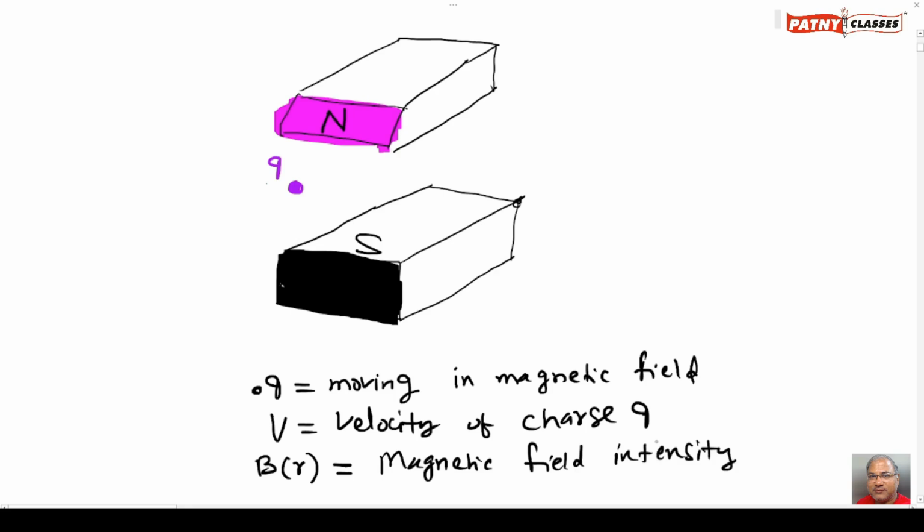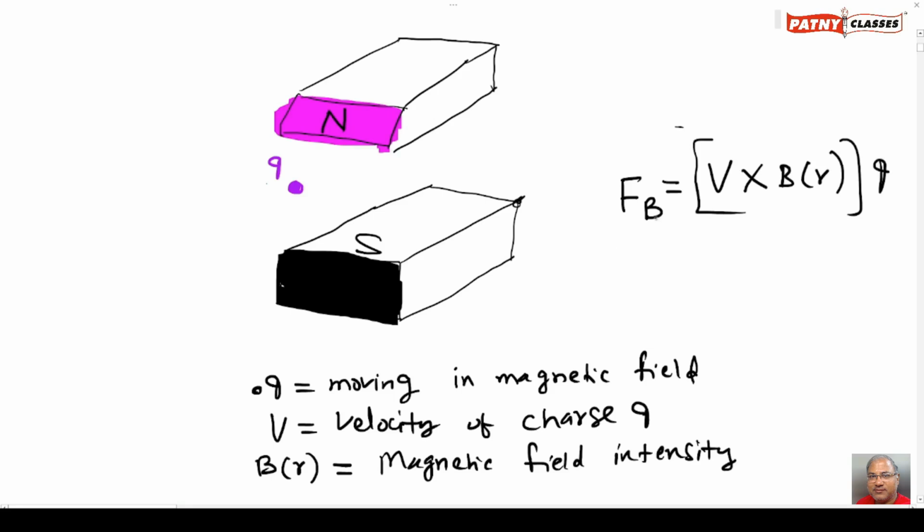Now when the charge is moving in the magnetic field, there is a force acting on the charge, and this force, Fb, that is the force acting on the charge due to magnetic field, is given by V cross B of R multiplied by quantity of the charge.